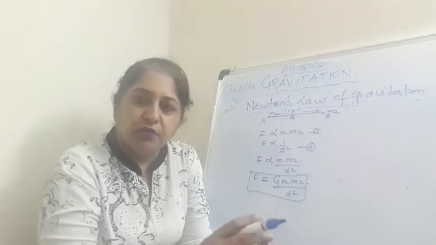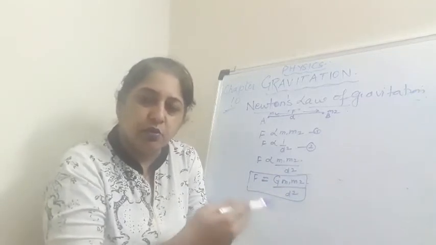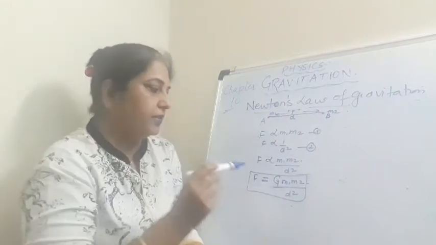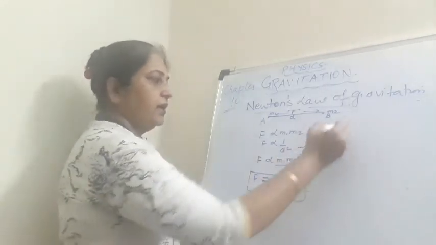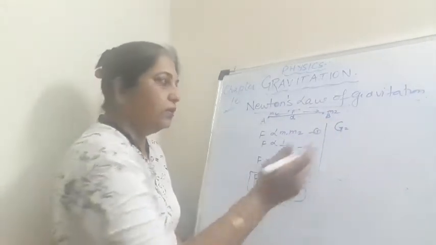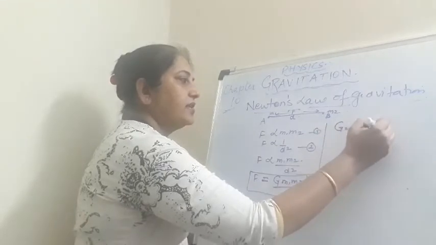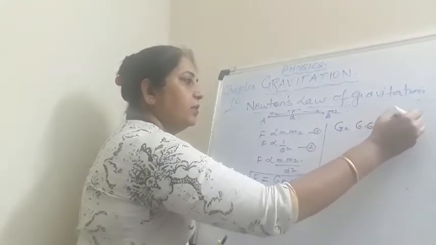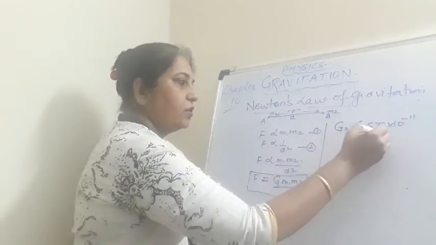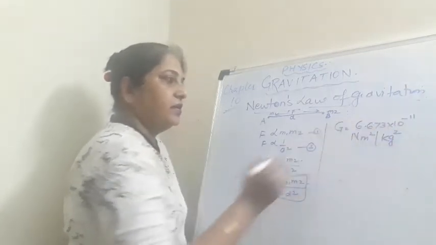If you have to find the force of attraction between any two objects, you can use this formula. Remember that capital G has a specific numerical value, equal to 6.673 into 10 to the power of minus 11 Newton meter square per kg square.